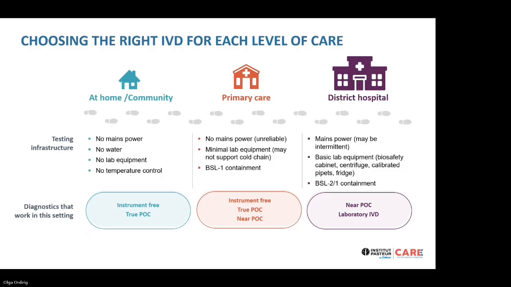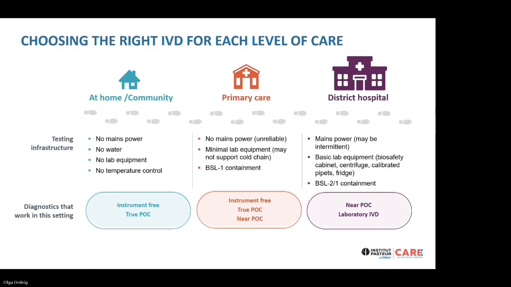So what I would like to do now is go back to the healthcare levels and look at, in each level or setting, which type of device by complexity can respond to the need. If we think that we are going to do the test at home or in the community, we should probably not rely on power.